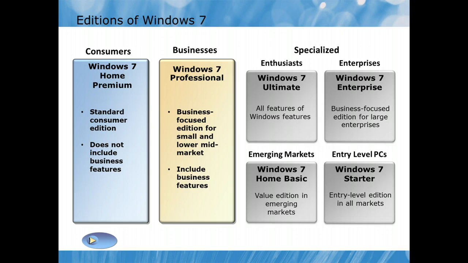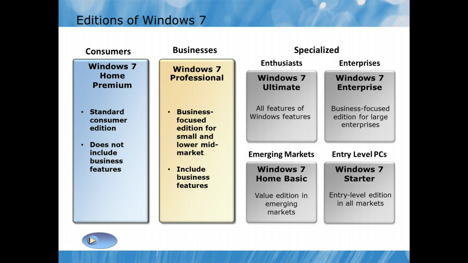Consumers, Windows 7 Home Premium, a standard consumer edition, doesn't include the business features. The business features are things like the ability to join a domain, which we might want to do. Businesses use Professional and Enterprise, obviously. Enthusiasts, Ultimate. Enterprise and Enterprise business, depending on the size of the business.